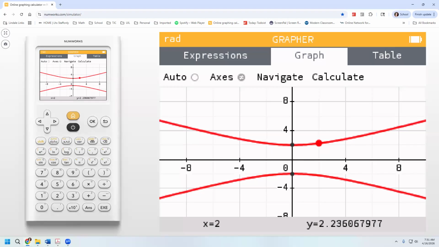So this first example, the center is going to be 0, 0. Because y squared is first, this is going to open up and down. The A is the one underneath the X, so that's 3. And the vertical is 4. So we're centered at 0, 0. I'm going to go out 3, up 4, down 4.